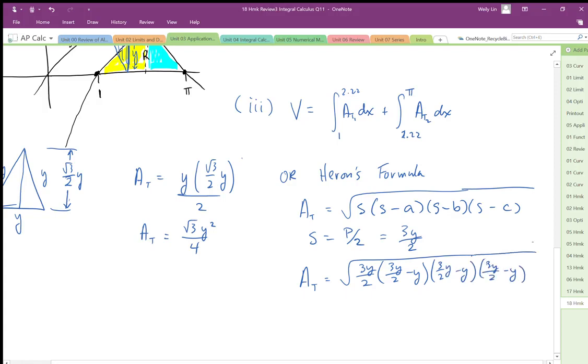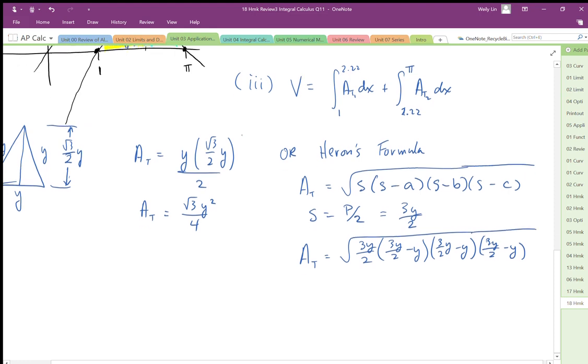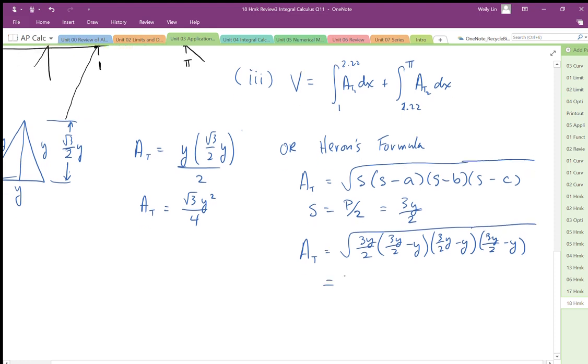Those are all one half y. Simplifying, we end up with 3 over 2 y times one half y times one half y times one half y.